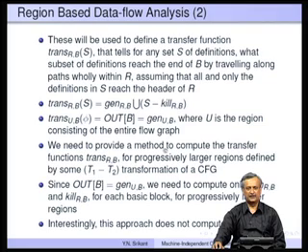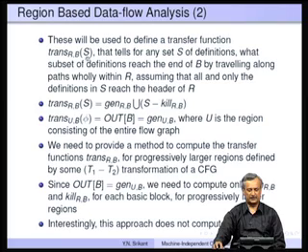So, what exactly is region based data flow analysis? The basic idea is to define a transfer function called trans of r comma b with a parameter s. So, this will tell us that for the input s, which is a set of definitions, we are looking at the reaching definitions problem, let us say.